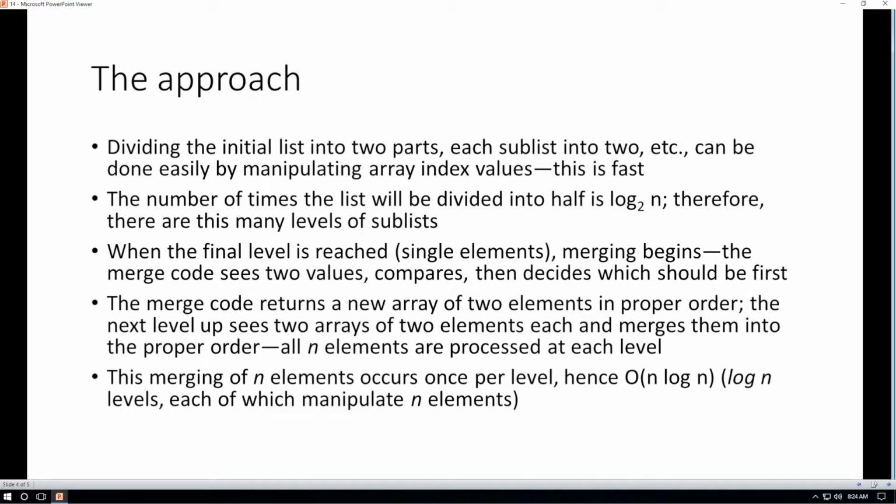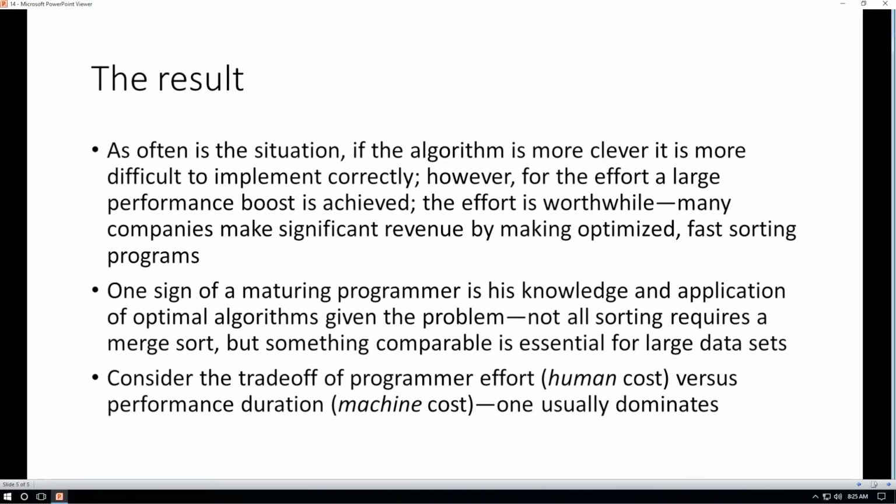So the ultimate big O notation here is n, that's the number of elements, times log n, which is the number of levels that we divided in half each time and then rejoined by doubling and coming back up. So the runtime, as has been noted, is a lot faster than n squared. It's just getting the details in your mind correctly that's hard. The result is that this more clever algorithm runs vastly faster on large data sets.